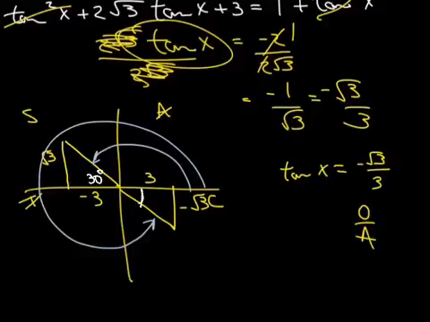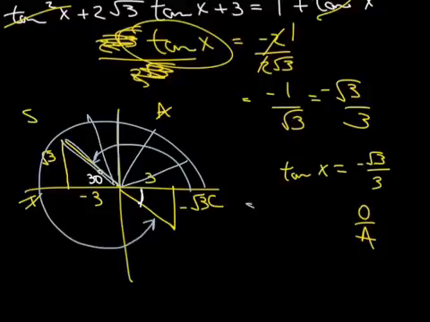And that also means that this is going to be a 30-degree angle. So this angle right here is going to be how many 30-degree angles to get there? 1, 2, 3, 4, 5. So 5 30-degree angles.